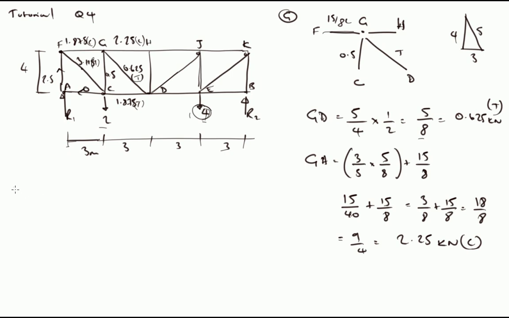So the next node we need to look at then is H. So considering equilibrium about H, we end up with this node H here, which has elements going to G and J, and also down to D. This is an easy one because we've got no diagonal members coming from this point H. So our HD has to equal 0, because there is no load down at D that would introduce a load into that, and our HJ is going to be equal to our GH, which we've already established is 2.25 kilonewtons, or 9/4, whichever way you want to look at it.